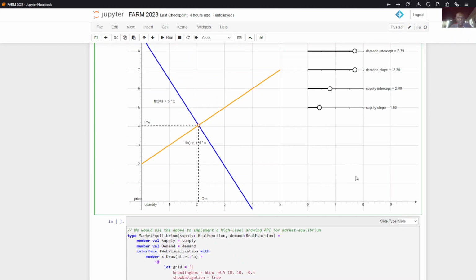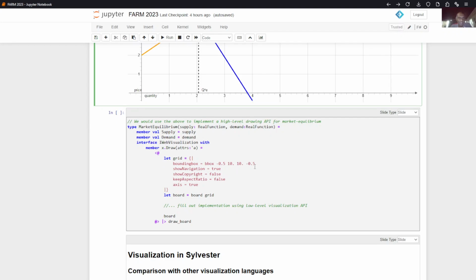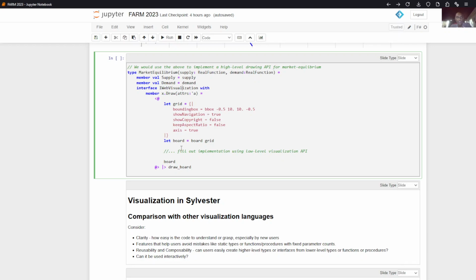Now, given that we've done this in our low-level API, we can define a high-level API. So we can define a high-level type called, let's say, market equilibrium, using those elements. If I want to be able to draw this, I can just use that low-level code we just had to implement the draw member. Okay, so this is how we would implement it.